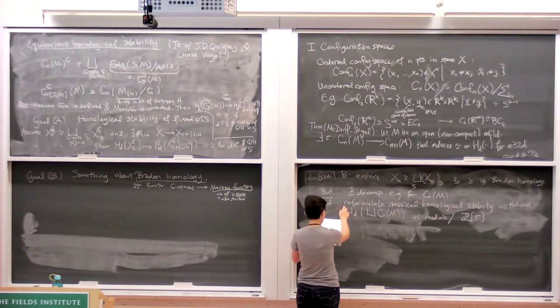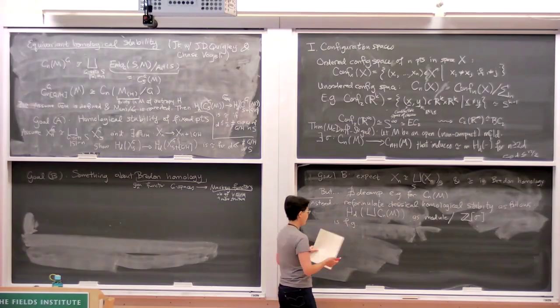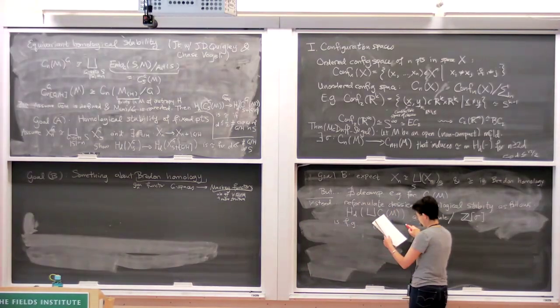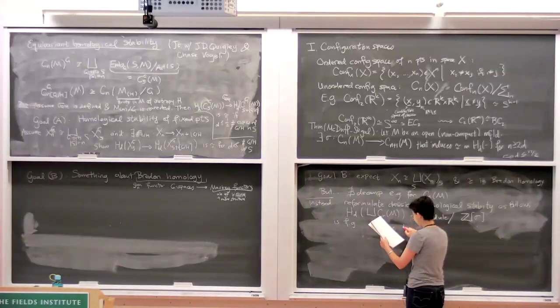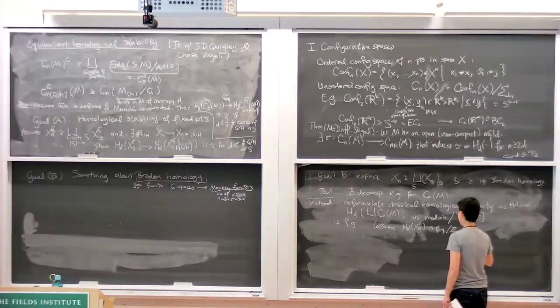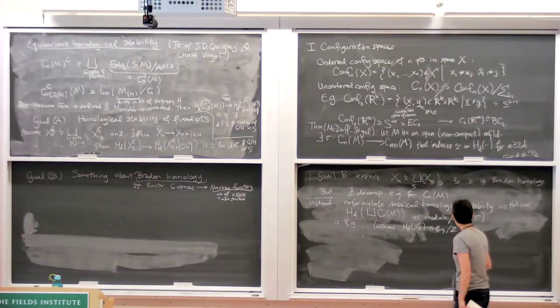And so you can say that this is finitely generated as a module over this thing, and then you have to assume some kind of finiteness statement, that it is finitely generated over Z for each n.